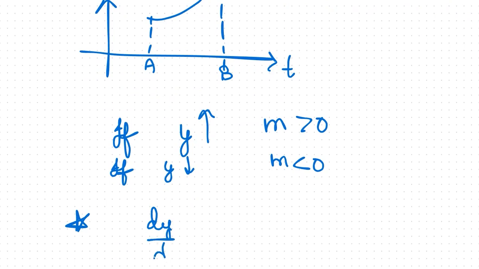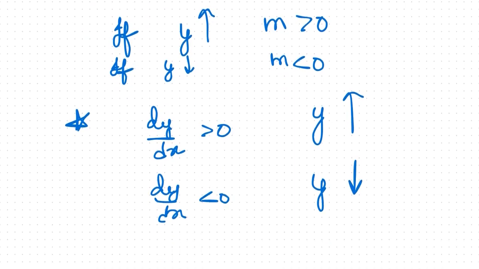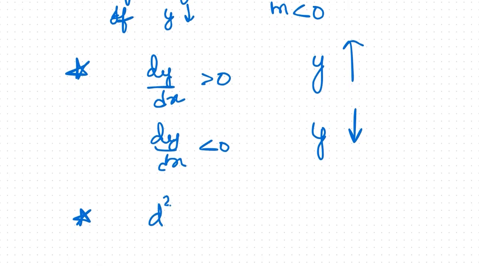So if dy by dx is positive, that means y is increasing. Similarly, y is decreasing if it is negative. Now let's say I write d2y upon dx square.